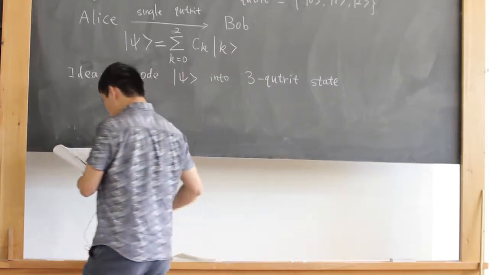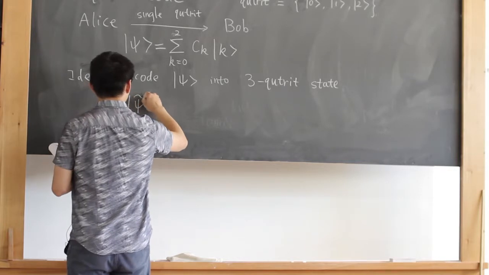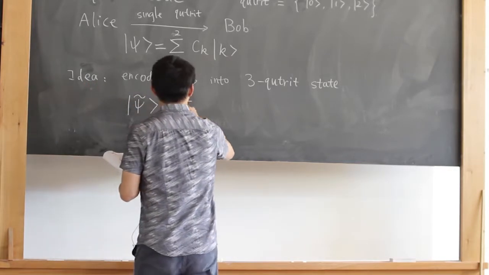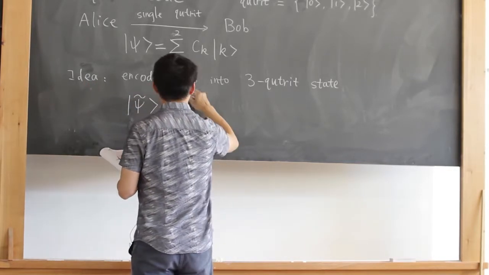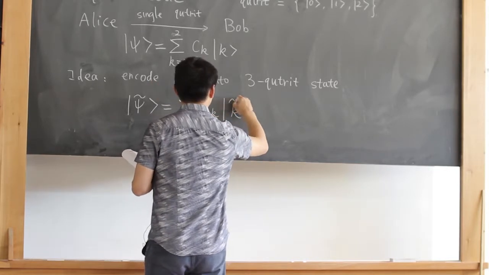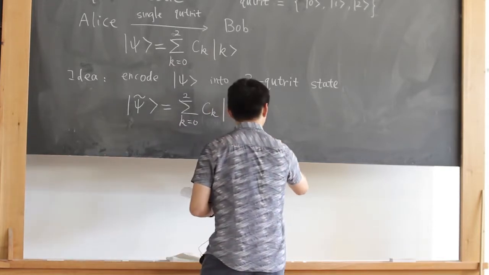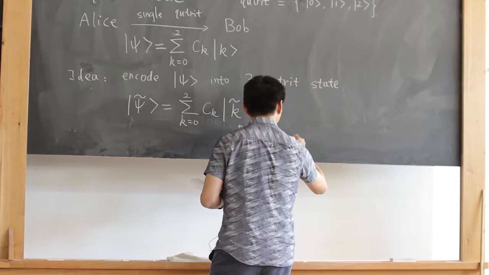And the state that she wants to send is abstractly the same superposition of 3-qutrit states, but special ones.